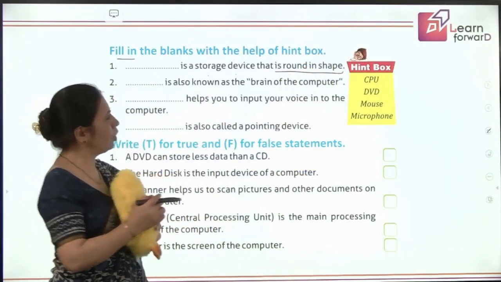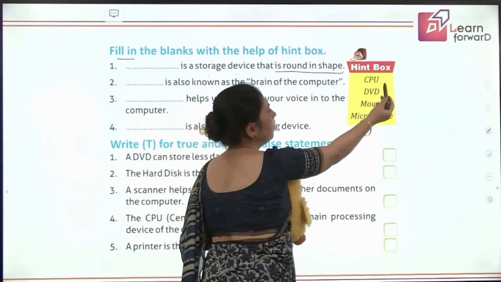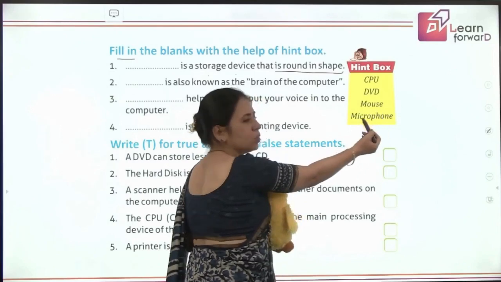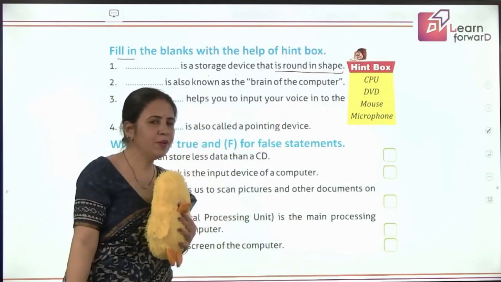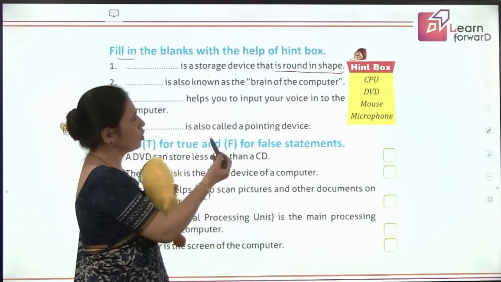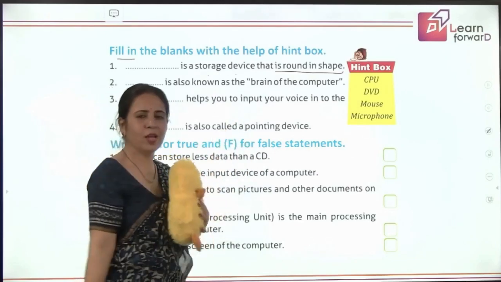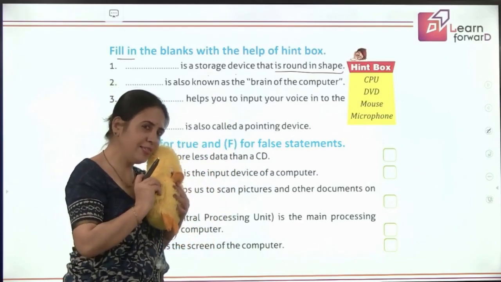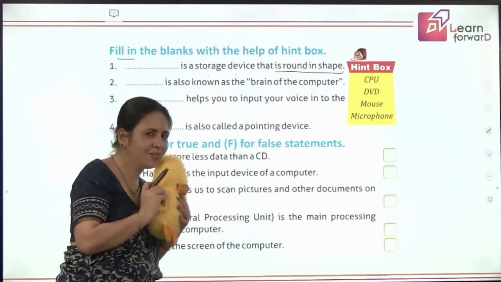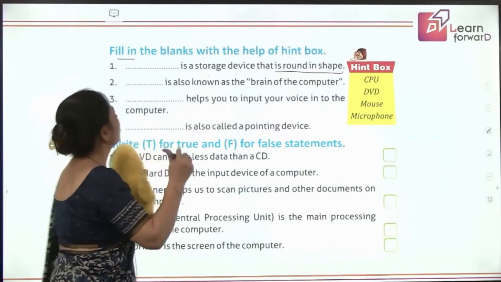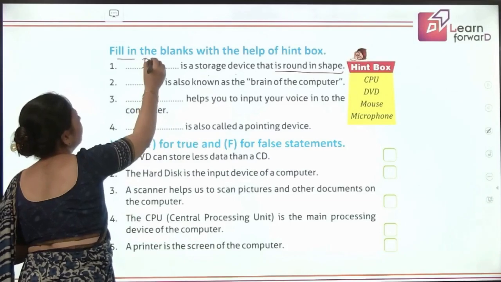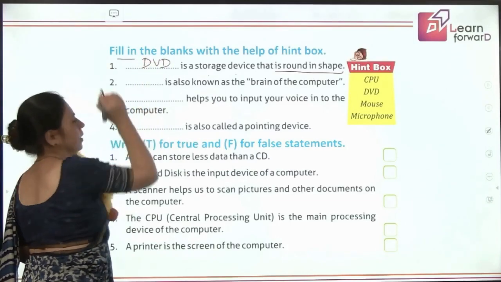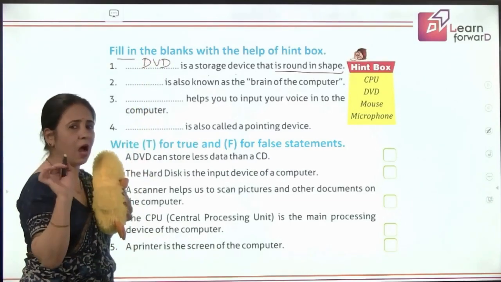So we have the options here: CPU, DVD, mouse, microphone. Come on, tell me which is used for storing the data that is round in shape. My learning friend says DVD. Is he correct? Good. So we write here DVD.